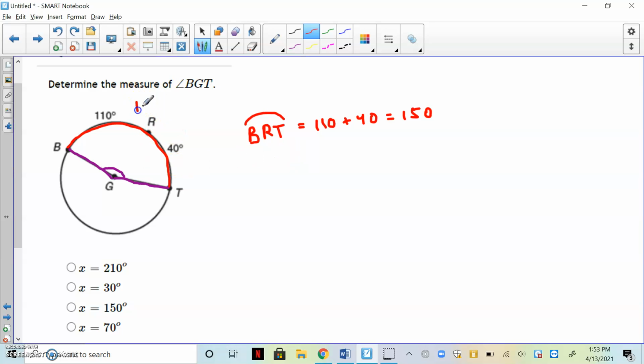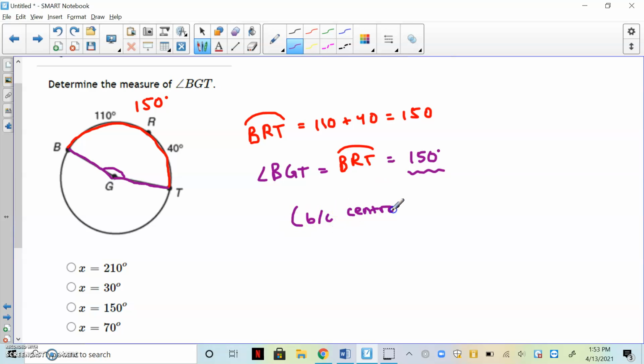So if we know that this whole red arc is 150, that means that angle BGT has to be the same. So that is also going to be 150 because BGT is a central angle and central angles equal their arcs.